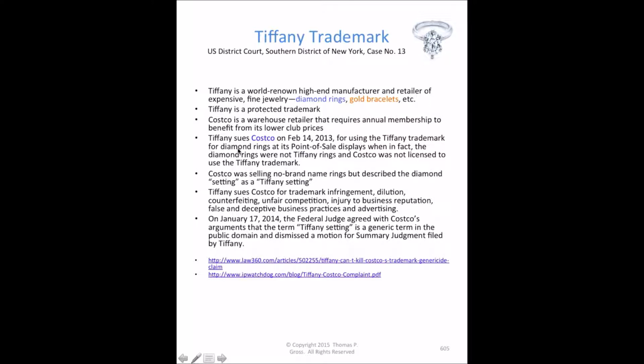And Tiffany sued Costco a couple years ago for using the Tiffany trademark for diamond rings, saying Costco was not licensed to use the Tiffany trademark, and they were selling no brand name rings but described the diamond setting as a Tiffany setting. And they claimed this was a trademark violation, and they sued them.